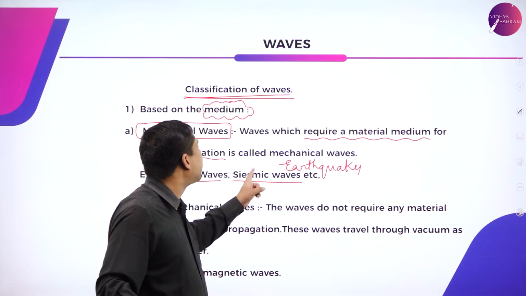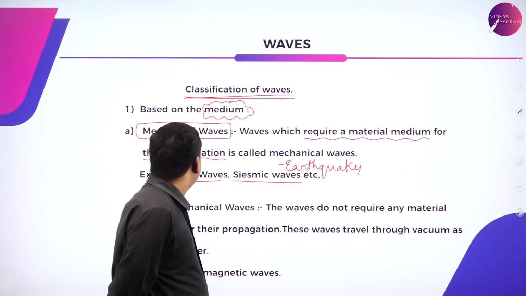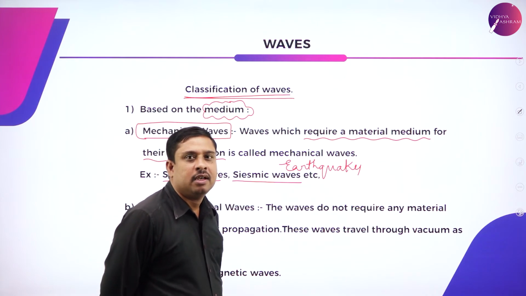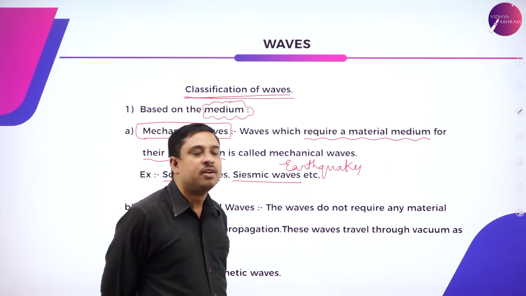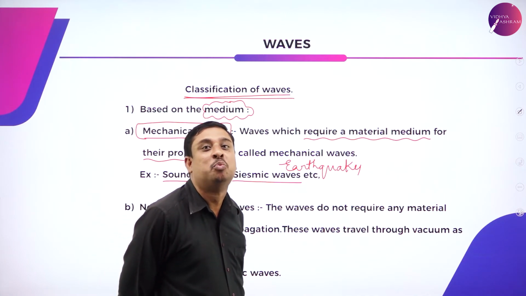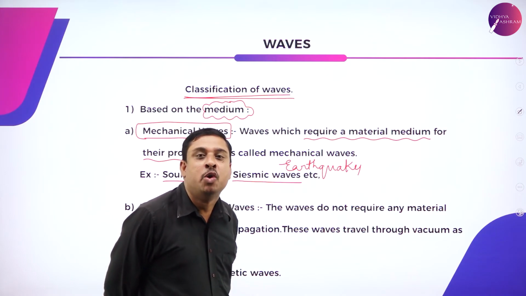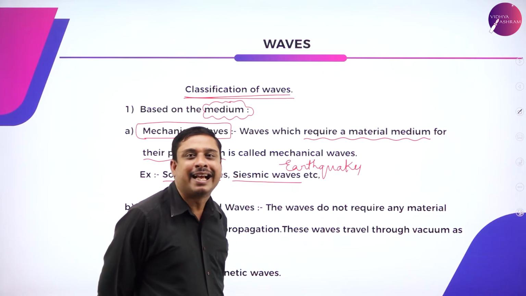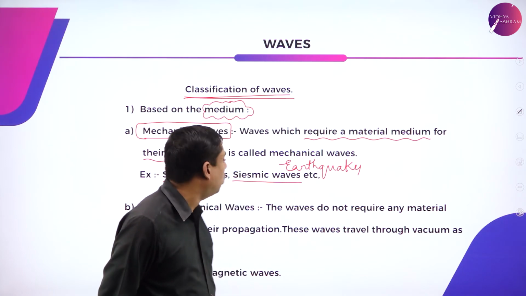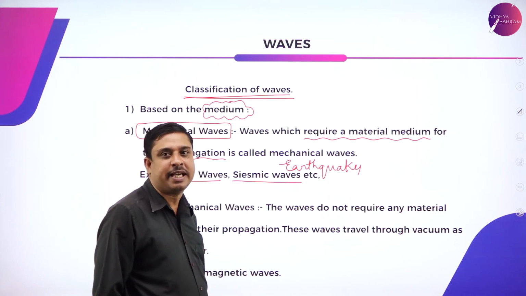They are mechanical in nature. So, mechanical waves are the waves which require material medium to move. Without material medium, no propagation. They cannot move in free space, in vacuum. Example, sound waves and seismic waves.